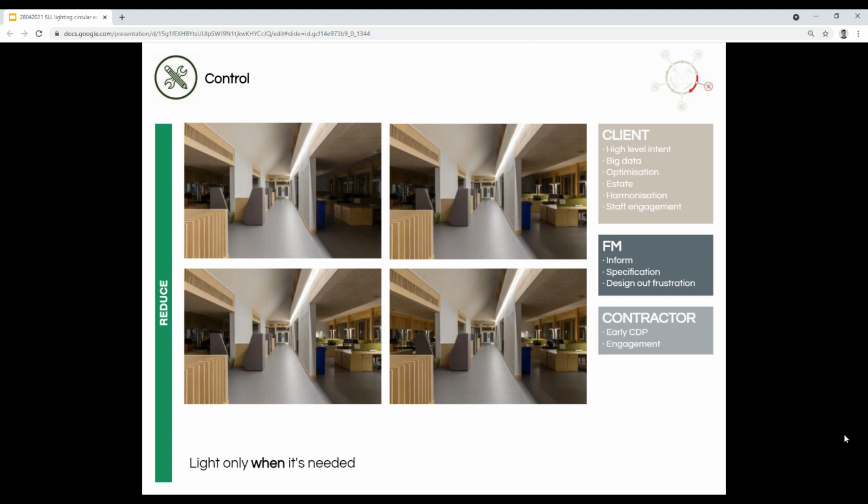It can tell them all sorts of things about their situation, not only to do with lighting, things like optimized occupancy. It allows optimization, and if you're a big estate owner, it allows you to compare different buildings and drive best practice through your entire estate.